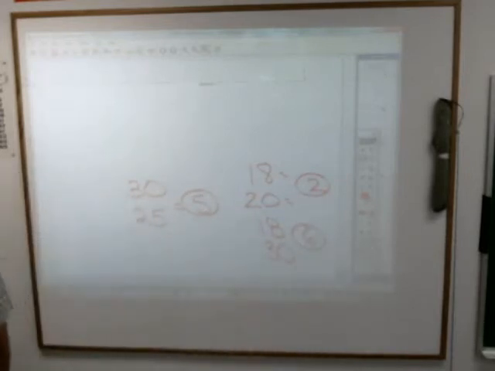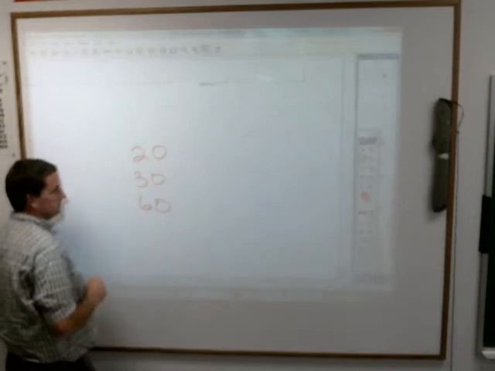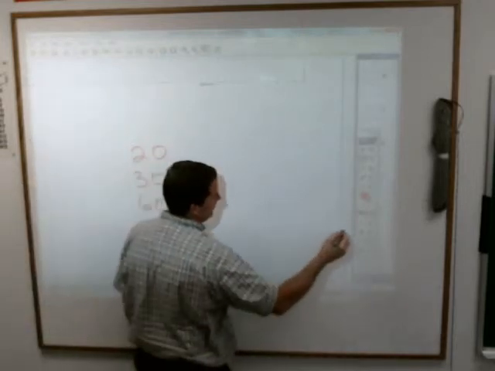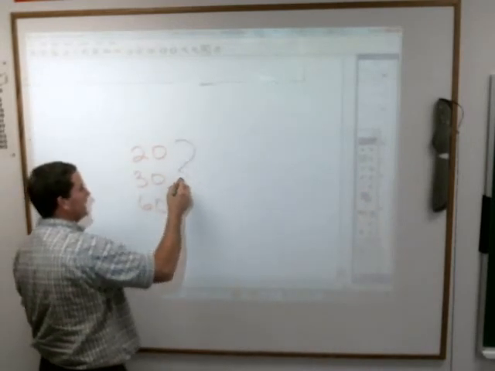And most of them are pretty obvious. What about this one? The book asks you this one. What about 20, 30, and 60? Caleb? 10, unfortunately, is not correct.